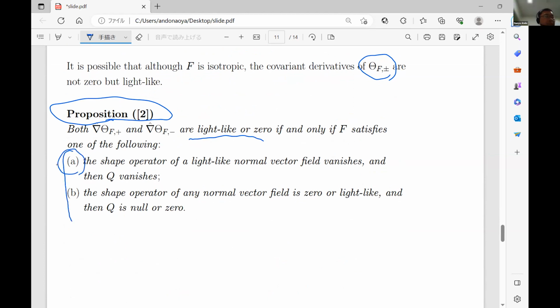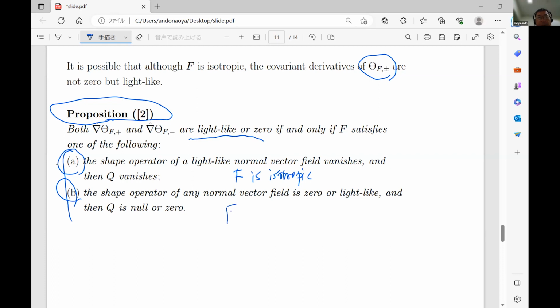Condition A, the shape operator of a light-like normal vector field vanishes, and then Q vanishes. Then F is isotropic. Condition B, the shape operator of any normal vector field is zero or light-like, and then Q is null or zero.